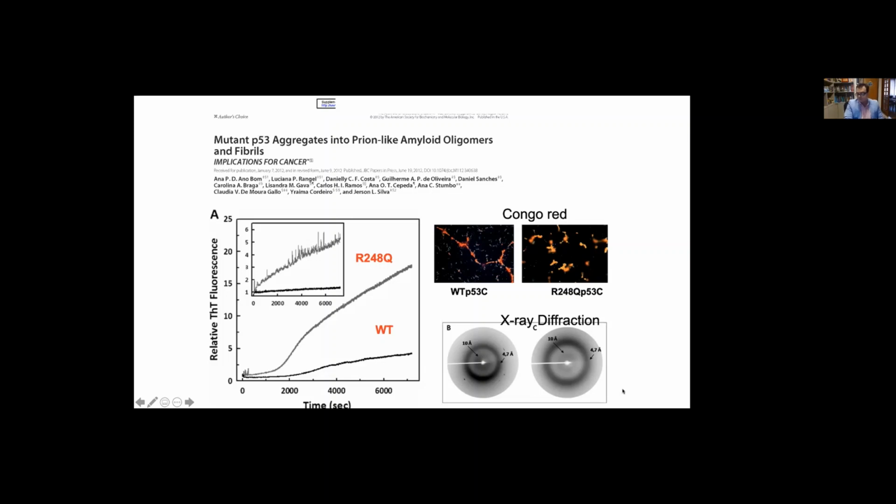One can isolate fibrils, and we looked at the X-ray diffraction, and indeed they had this typical fingerprint of the fibrillar structure.